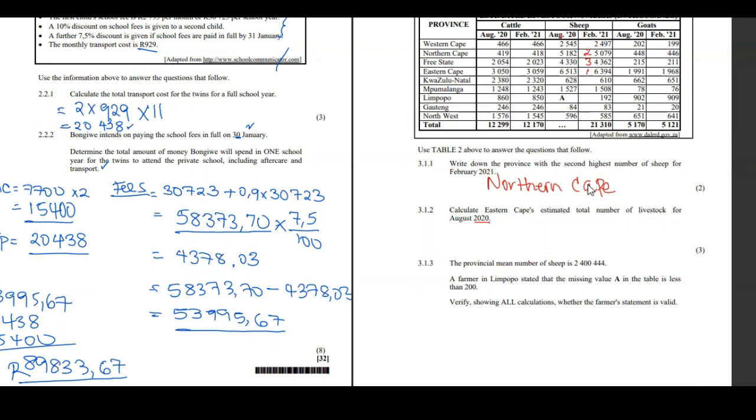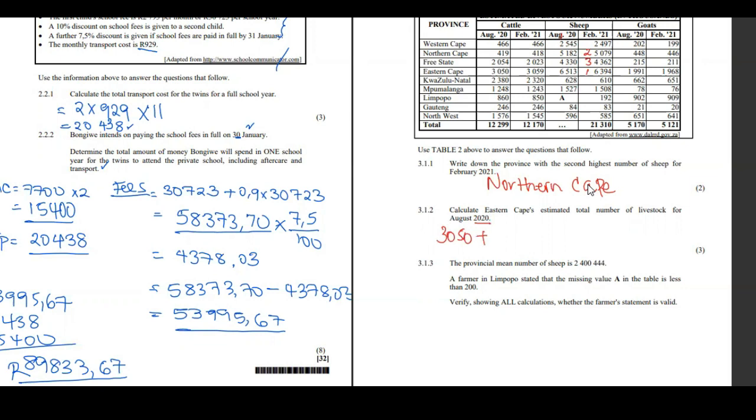You see that? So you come here. How many cattle did we have in Eastern Cape? You come and say 3,050 plus. August 2020. So you skip, then you come to August 2020.